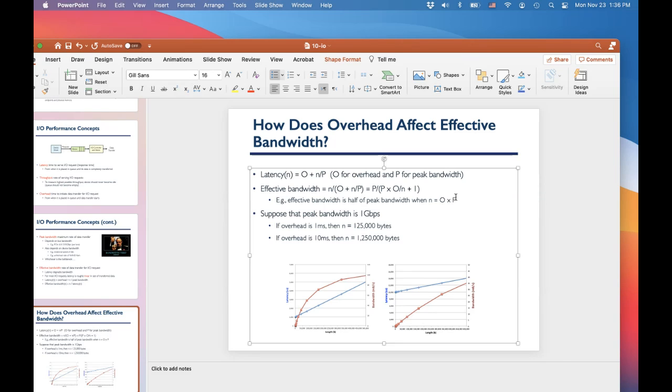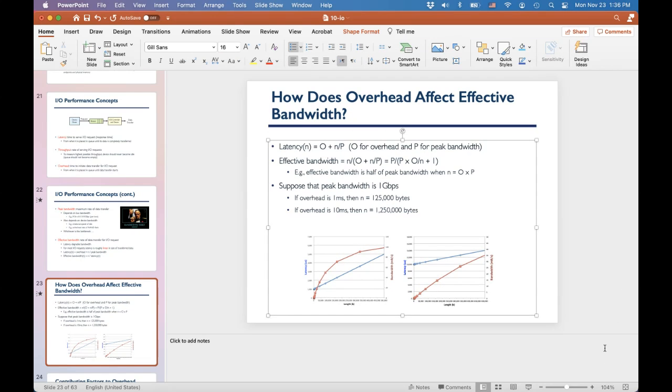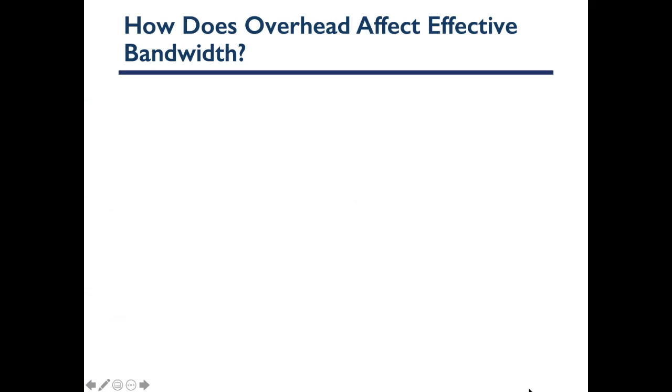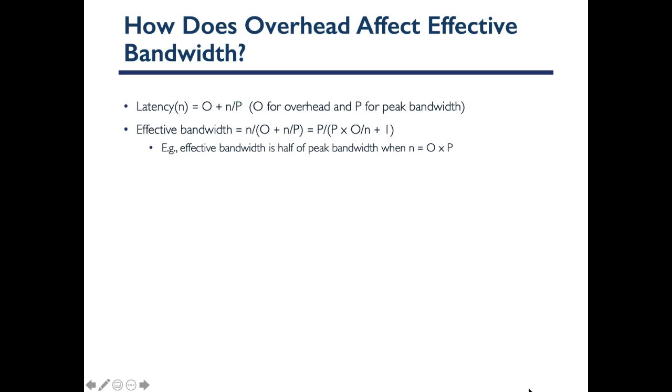So overhead times peak bandwidth. Sorry about that. So basically, we solved for n, and this is the formula we got. So if you're transferring overhead times peak bandwidth number of bytes, then your effective bandwidth becomes half of your peak bandwidth.